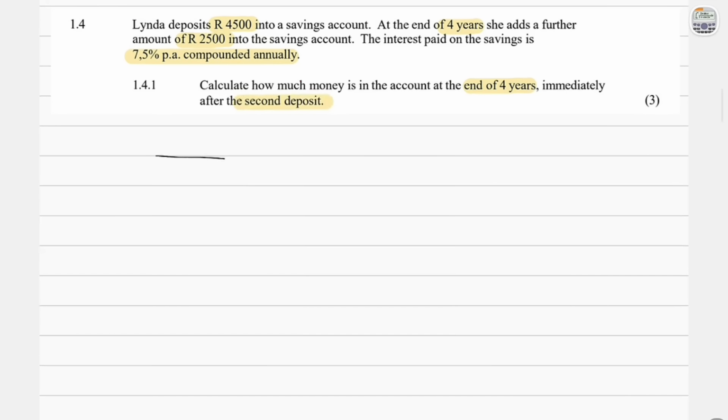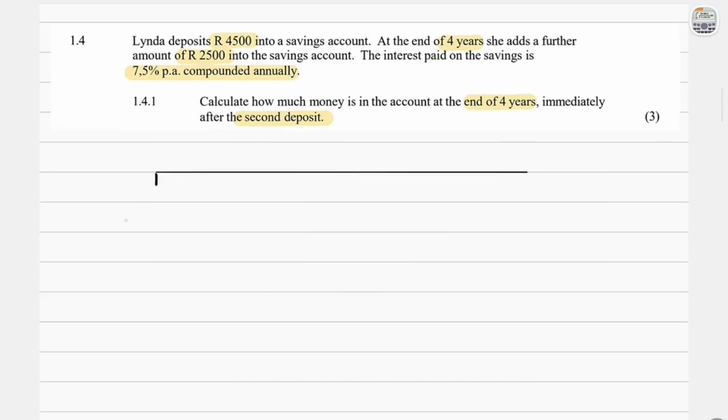Okay, so let's look at this as a timeline. She first deposits 4,500 Rand. Okay. And we know that this account is going to run for 4 years. So we'll say T0. And so after 1 year at T1, this money is going to gain interest worth of 1 year.